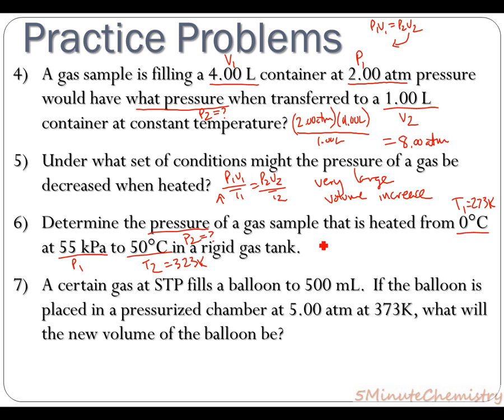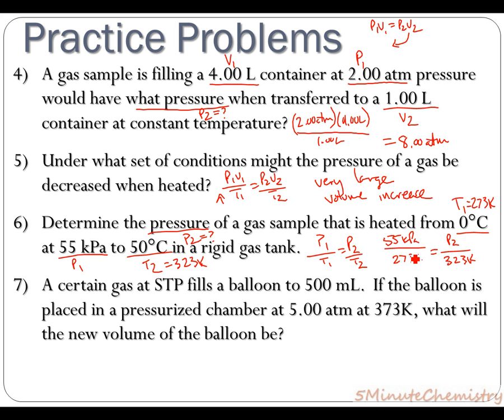Now we'll set the problem up. P1 over T1 is P2 over T2. We can plug in the numbers, and our P1, 55 kilopascals, divided by my T1, 273 kelvins, is equal to the unknown P2 divided by the T2, 323 kelvins. To solve the problem, I can just cross multiply. 323 times 55 divided by 273.